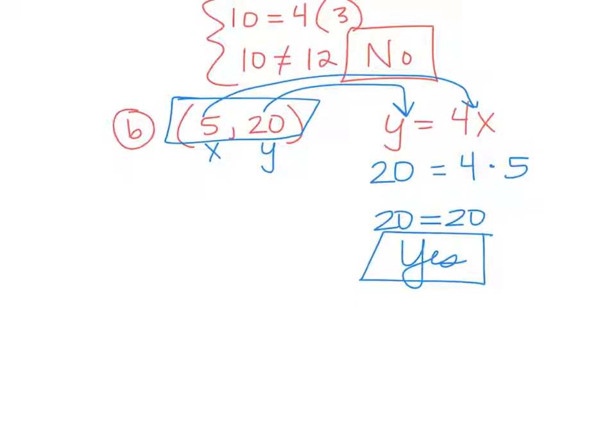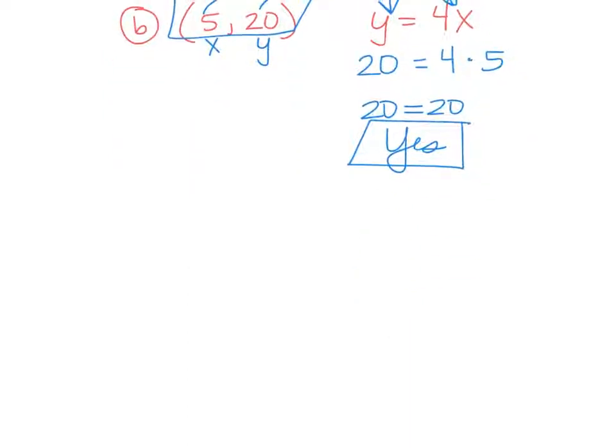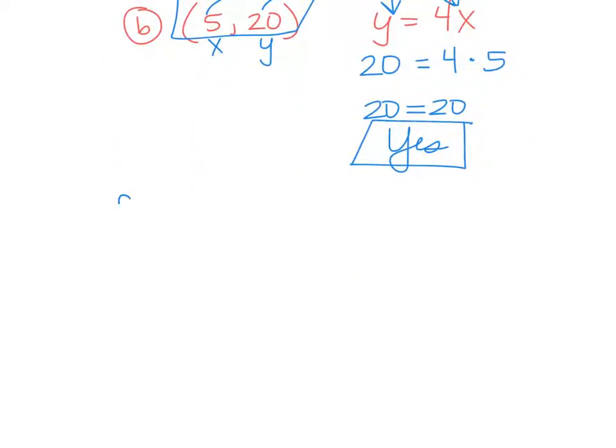All right, how about this one? If I have the point (4, 1) and the equation y equals x plus 7, I want to know, is that a solution? What's my 4? What's my 1?